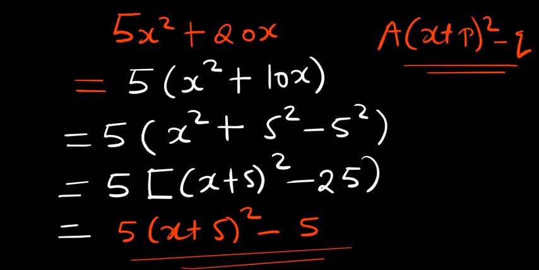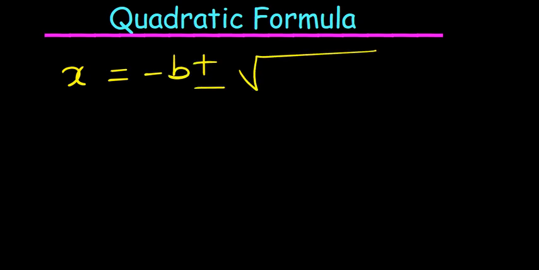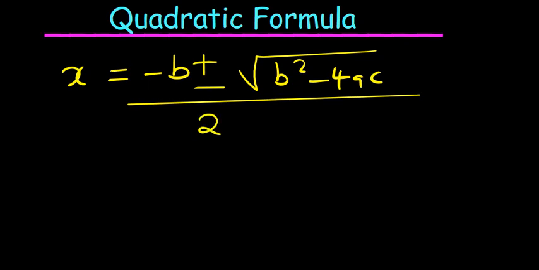Then we can also solve quadratic expressions using the quadratic formula. So the quadratic formula is x equals negative b positive or minus the square root of the discriminant, b squared minus 4ac, over 2a.